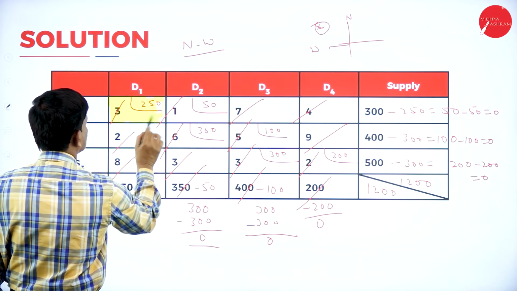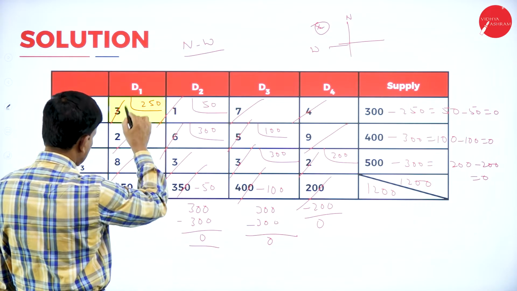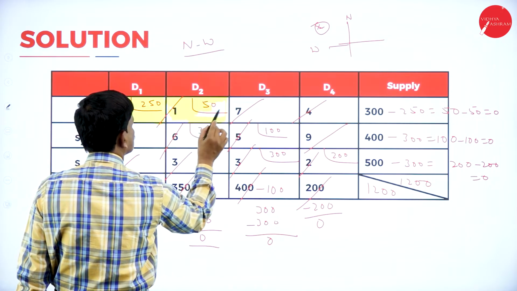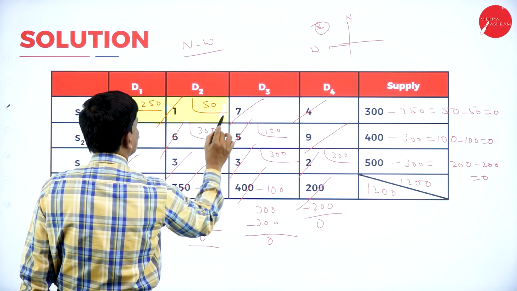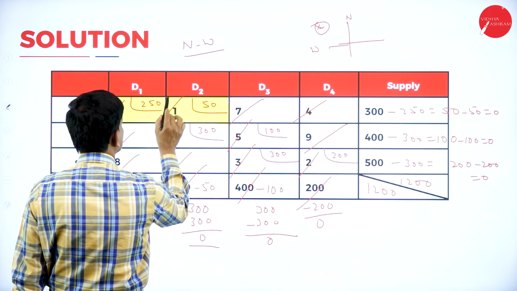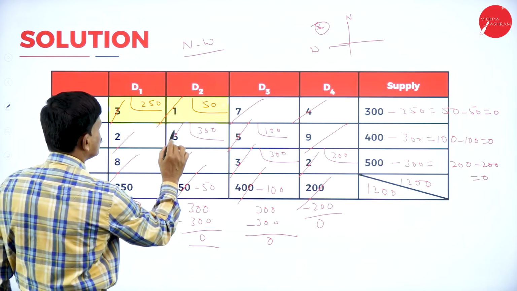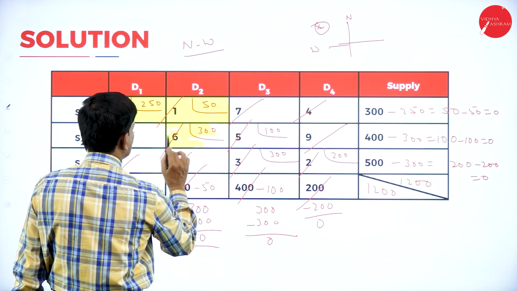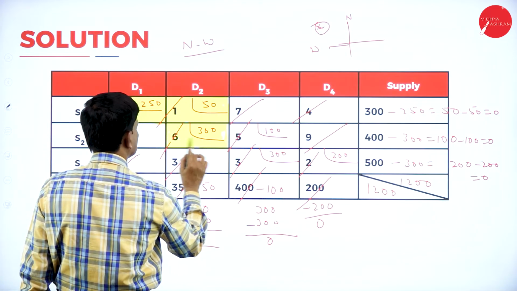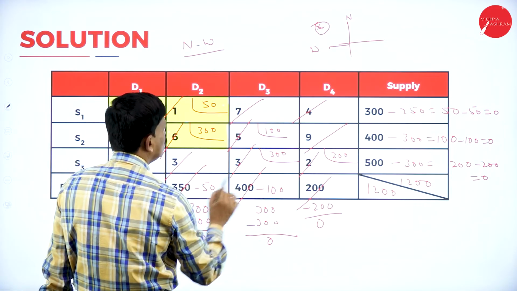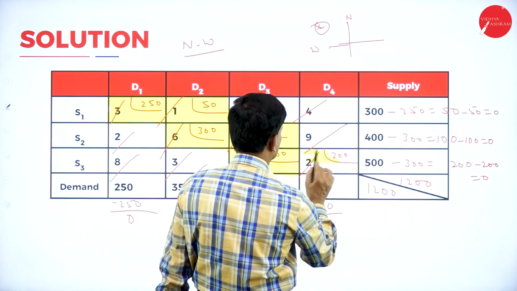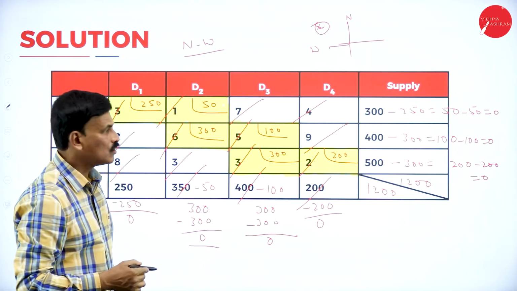Where we have allocated, we can use this, that is 1 into 50 plus 3 into 250. Again here this is 300 into 6, this is also allocated. Then this one, then this cell. So these are the allocations.